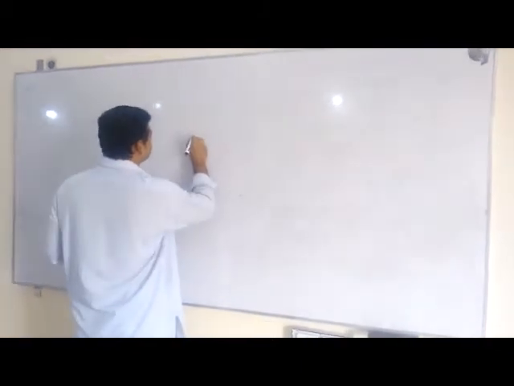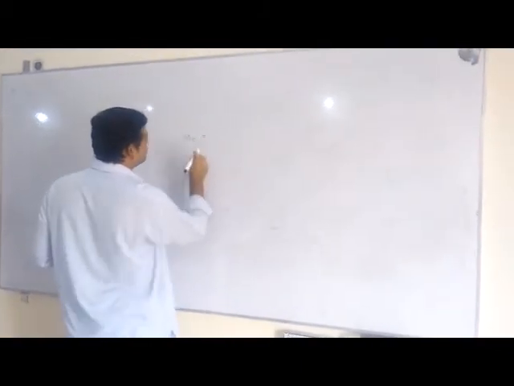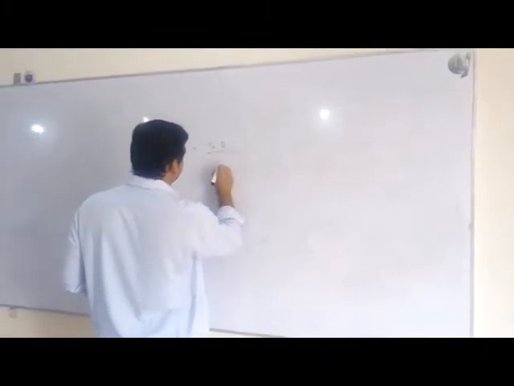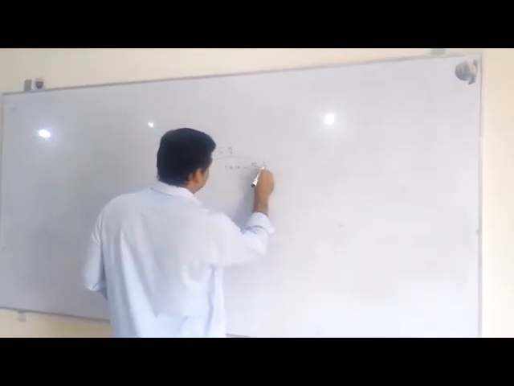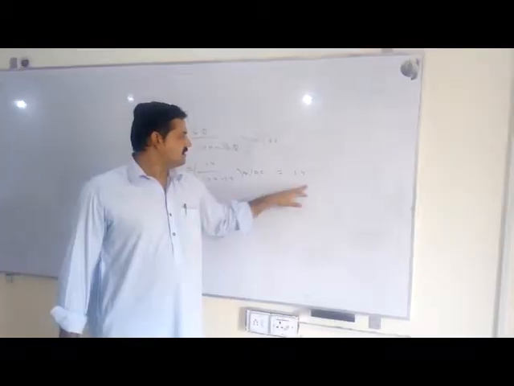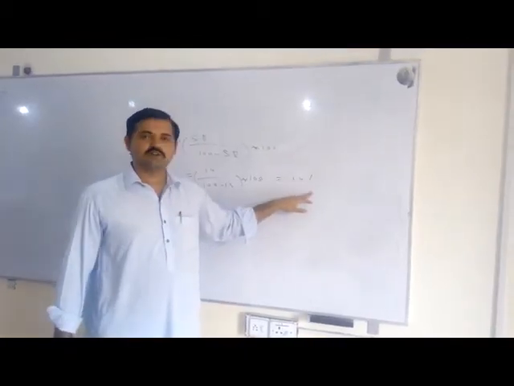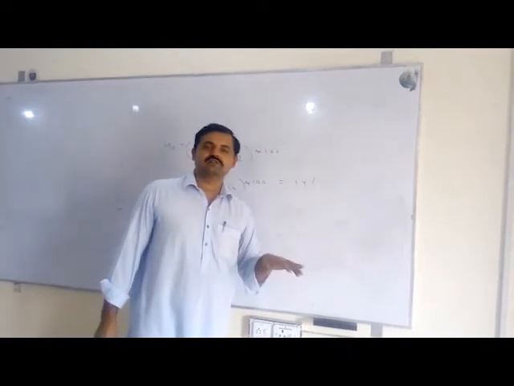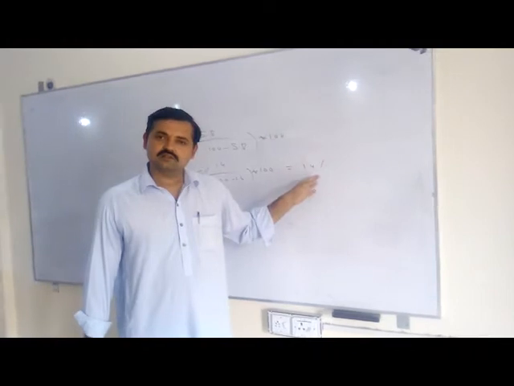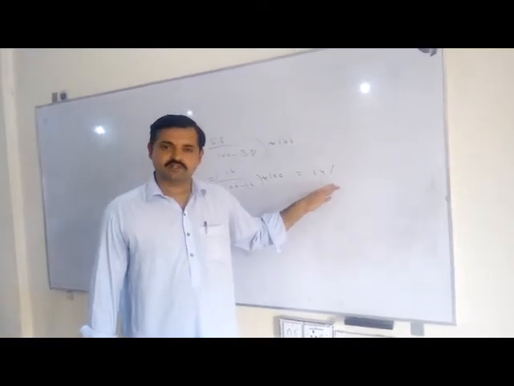The formula is: moisture content is equal to speedy reading divided by 100 minus speedy reading, whole multiplied by 100. The moisture content is 1.4% because our sample was pretty dry. Therefore it gives us this small amount of moisture content.